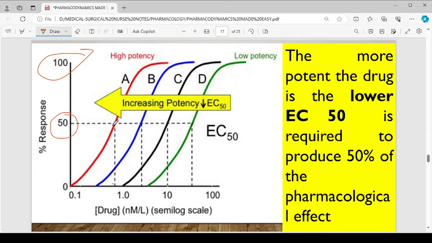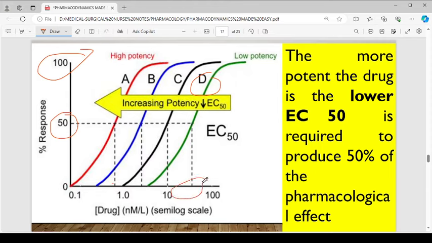Okay, so in this case we could see that A is more potent than B compared to C and D, right? So in short, like drug D, we need more dosage, especially let's take between 10 to 100.